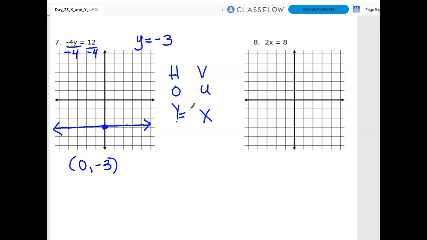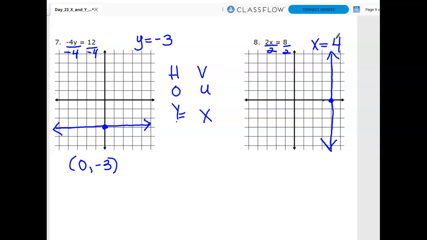All right, in VUX, in this case, we're going to divide both sides by 2, and our x is equal to 4. So we know we've got a vertical line, okay, at x is 4, 1, 2, 3, 4. Okay, so we're going to make a vertical line here. So in this case, if we put in our x-intercept, we let the y be 0, and we're just left with 2x is equal to 8, so our x is 4.